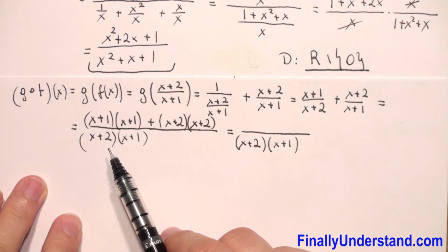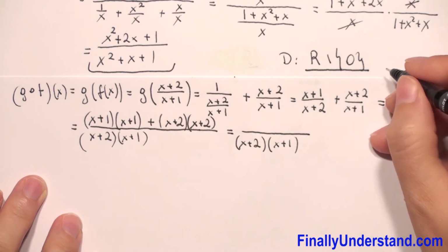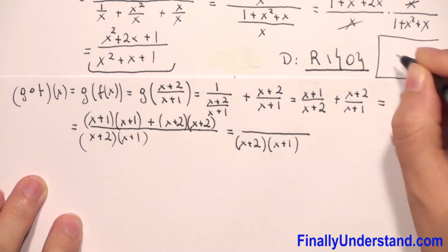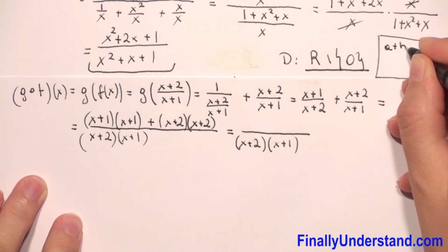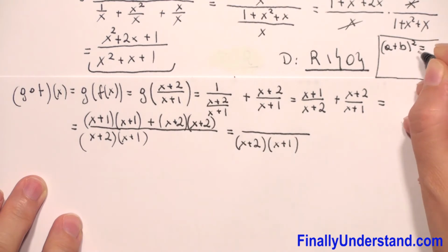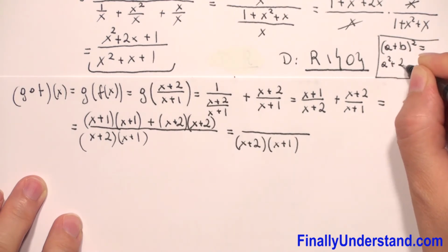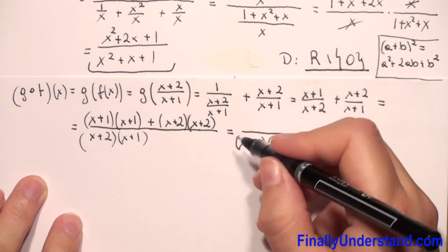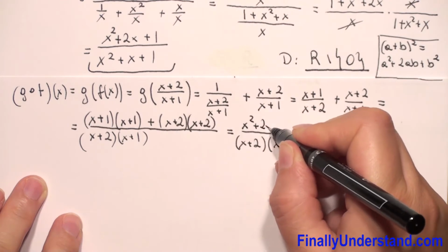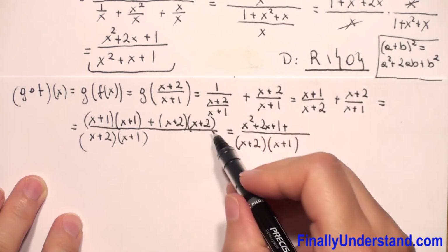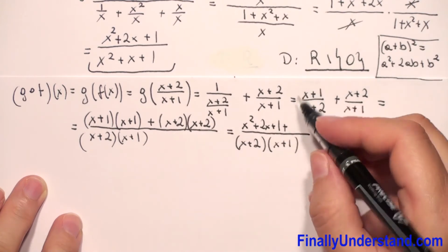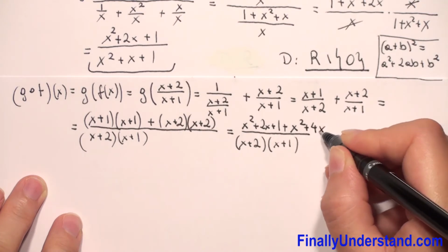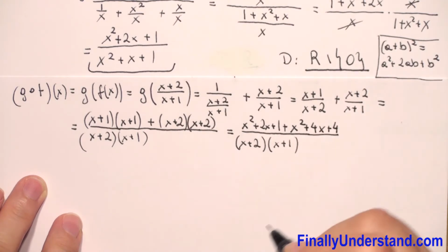So we can use the formula for the square of a sum. Let me write this here. I have a plus b to the second power. This is equal to a square plus 2ab plus b square. So we have x square plus 2x plus 1 plus, and in the second expression we will get x square plus 4x plus 4.